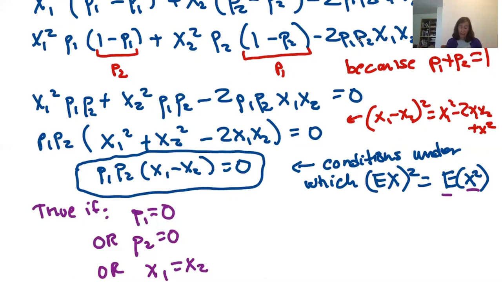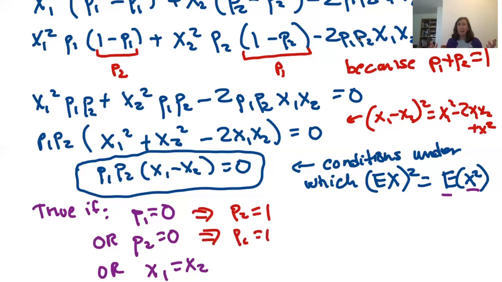Well, okay, good. That's good to know. Let's think about what this means, though. If one or the other probability equals 0, it means there's really no uncertainty. If P1 equals 0, what that means is that P2 equals 1. Or if P2 equals 0, it means P1 equals 1.